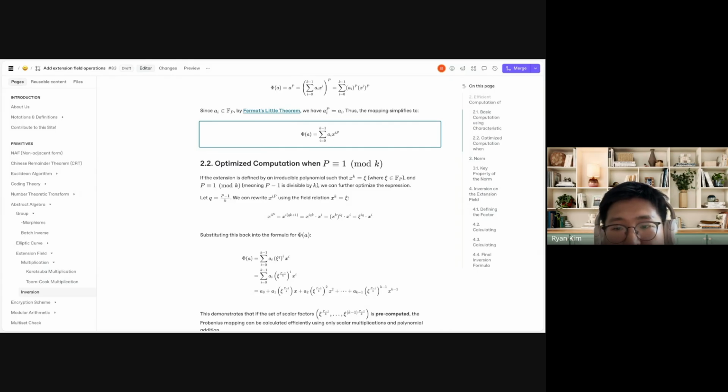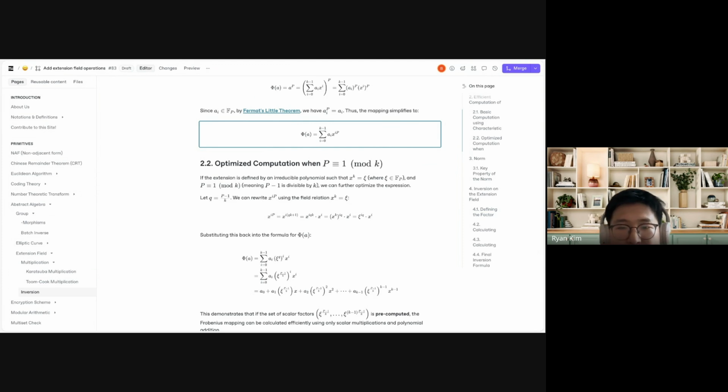For simplicity, we assume this extension field is constructed based on the prime field, and that p minus 1 is divisible by k. In most cases, this is true also.